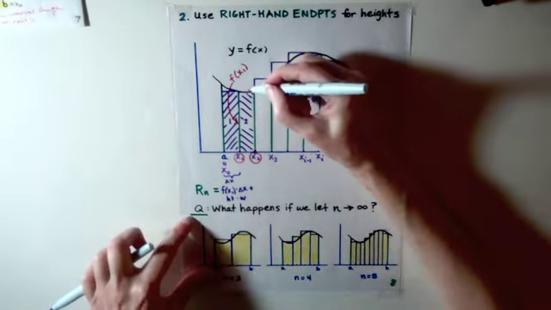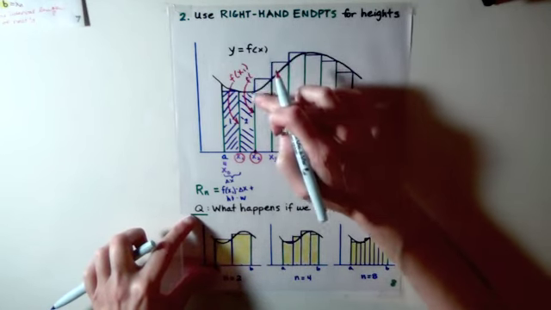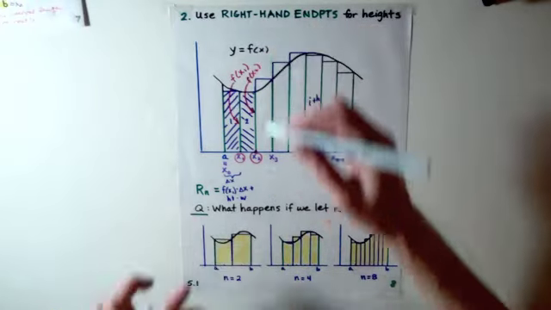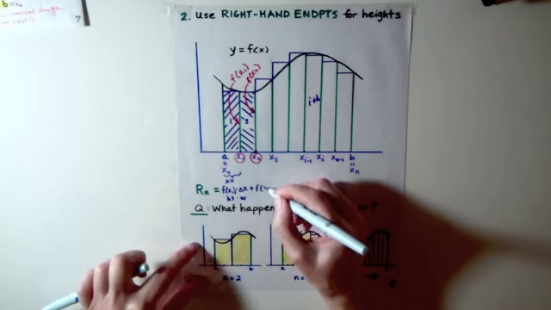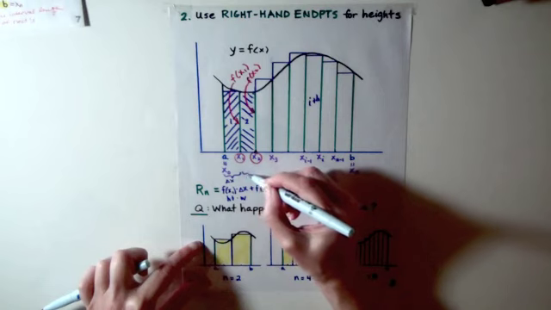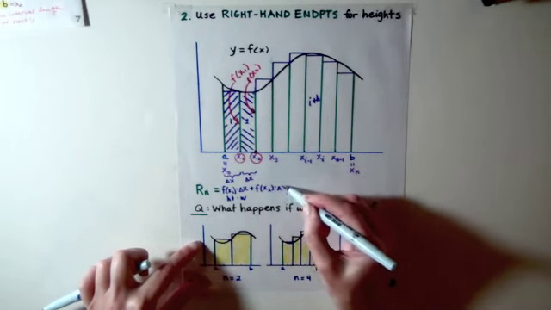And what is that height? Well, it's just f evaluated at x2. So my second rectangle is going to have height f of x2, and the width is still the same. All our widths are the same. We're calling that delta x.